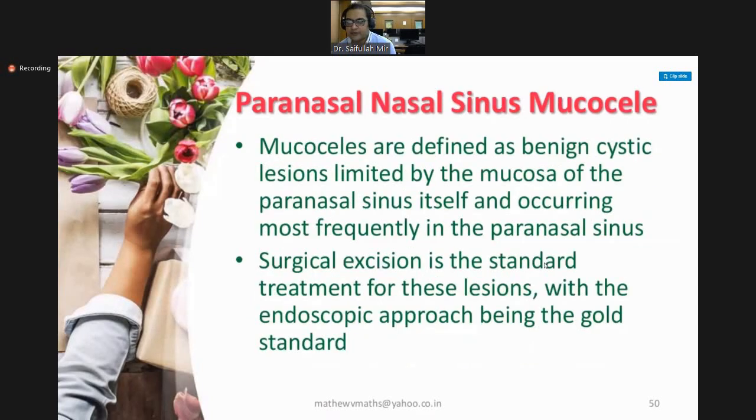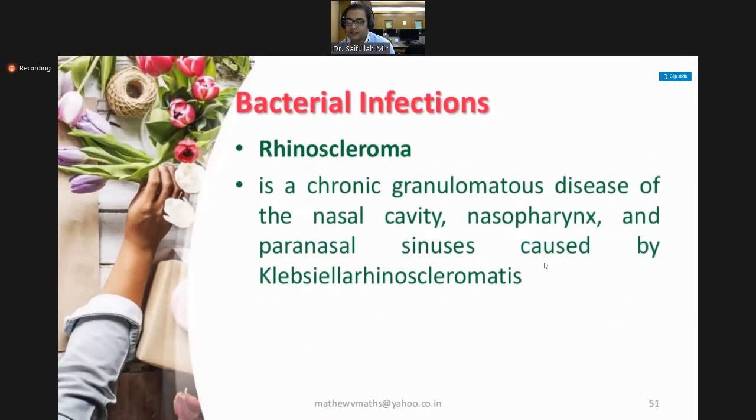Sometimes we can have a benign blockage of the goblet cells, which produce the mucin, which causes a mucocele, and excision via endoscopic approach is the gold standard for such things. Bacterial infections such as scleroma is a chronic rhinitis disease of the nasal cavity and nasopharynx caused by the paranasal sinus bacterium Rhinoscleromatis.